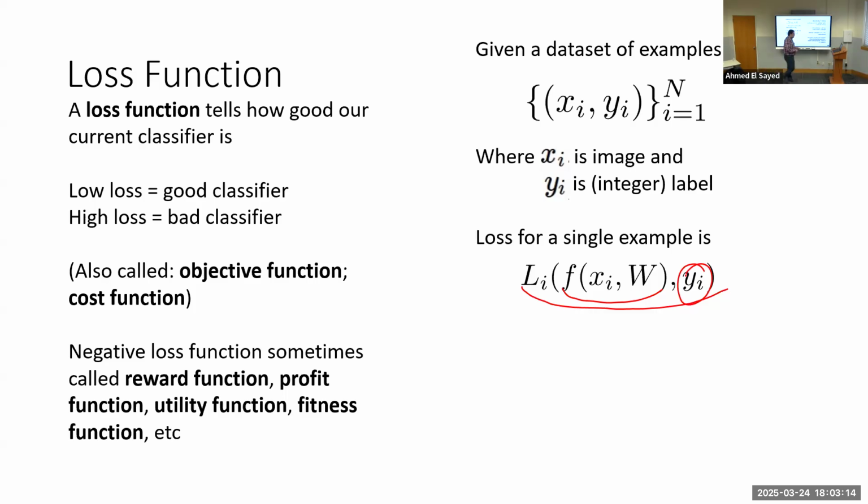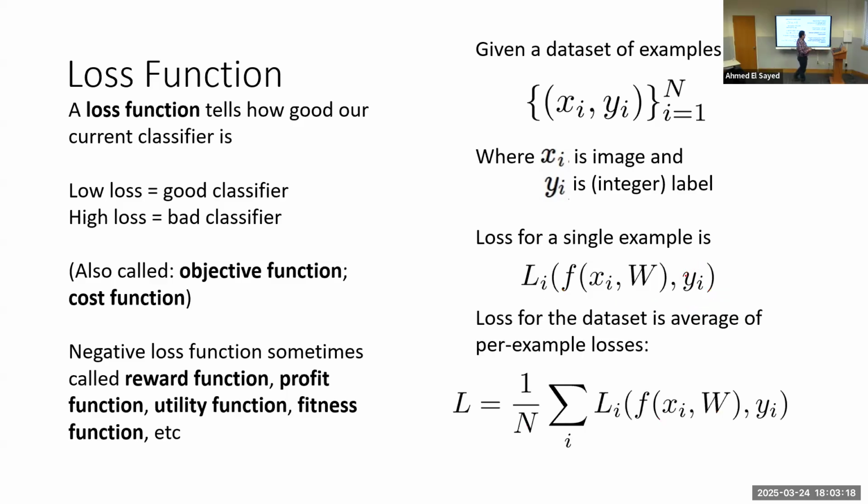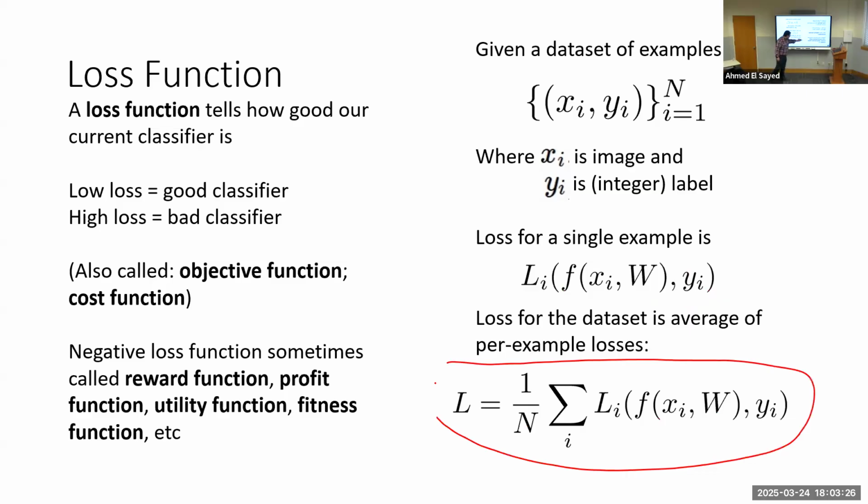Based on this comparison, I will produce the loss for this sample. Then I will apply the next sample, and add those together to produce my final loss function. So the total loss is the sum of all losses over all samples divided by the number of samples. So this is the average loss.